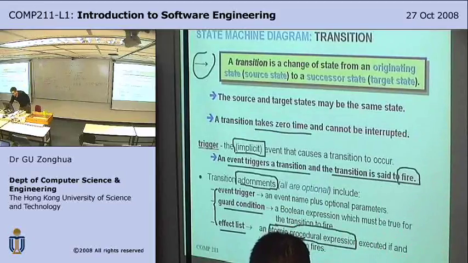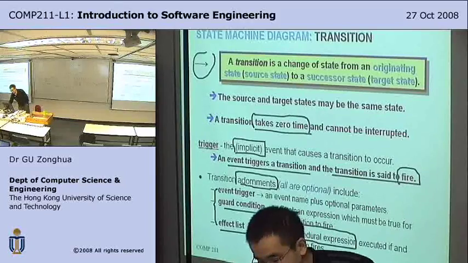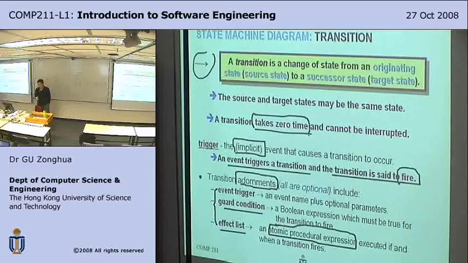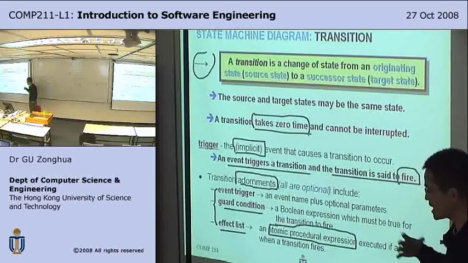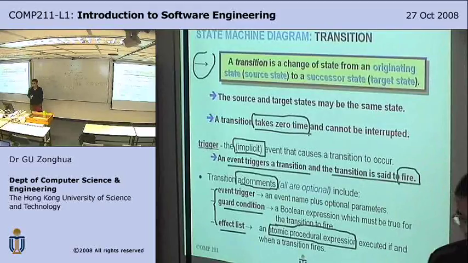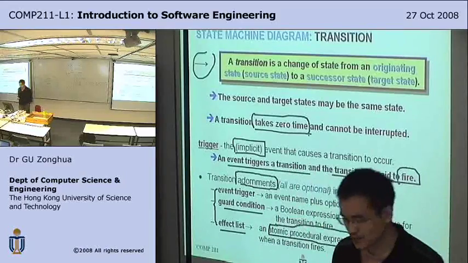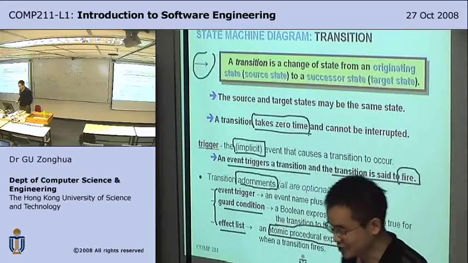This is really consistent with the statement that a transition takes 0 time, because the effect list is atomic. Even if you have an invocation of a collection of operations, all of these must finish in an atomic step. You cannot interrupt them after you finish part of the set of operations.